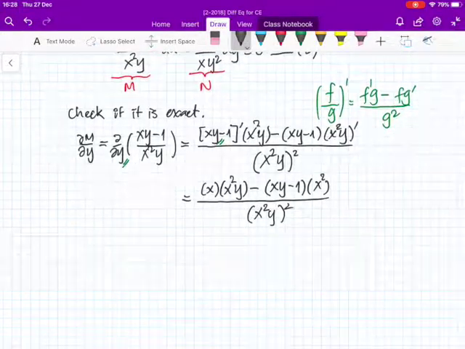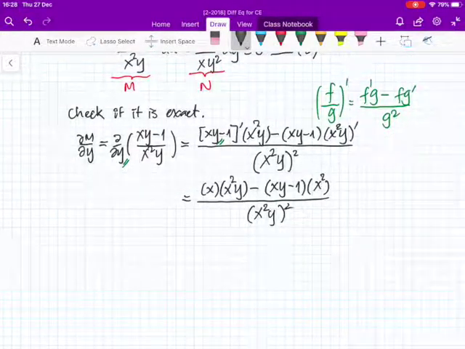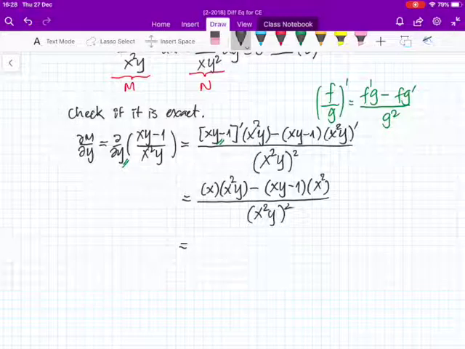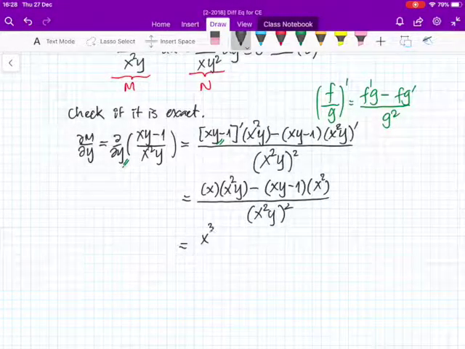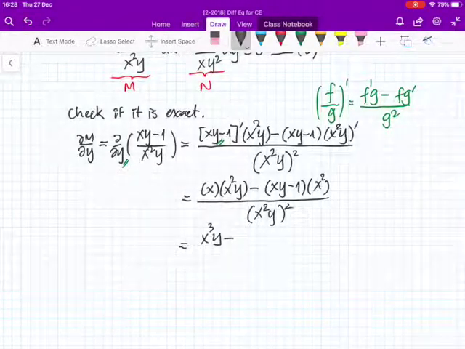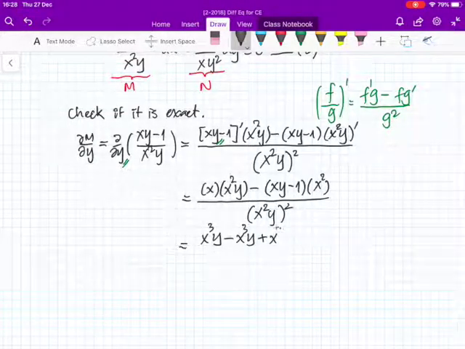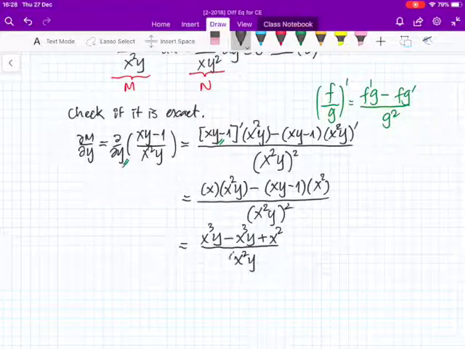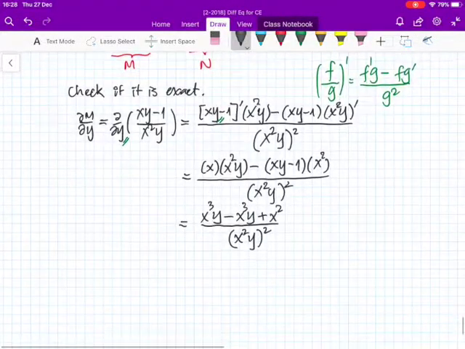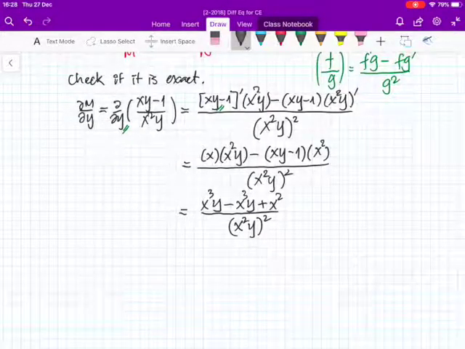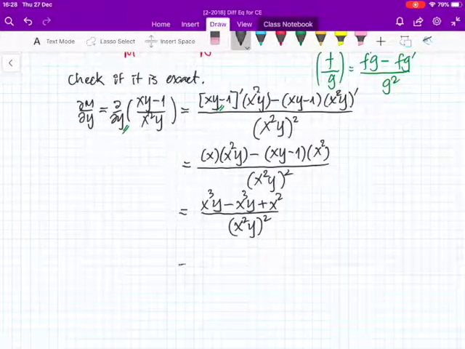The rest of the equation became x power 3 over y and x power 3 y plus x power 2 over x power 2, and you can write like this.